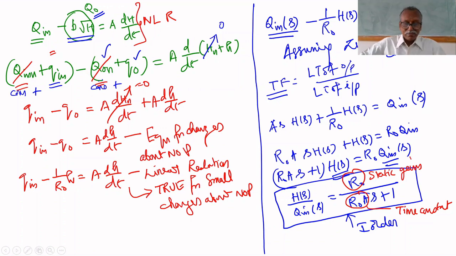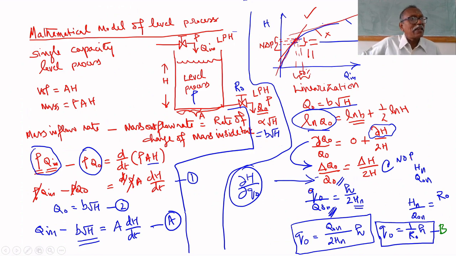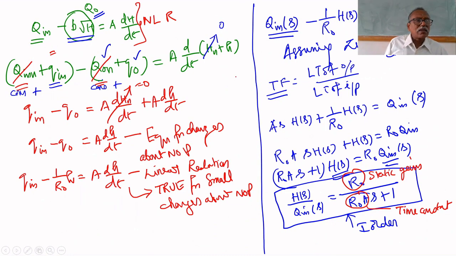That's why, how can we change the gain? In the lab, this type of hand valve will be there. If you change that hand valve, the mathematical model will change. That's why you should not change the valve openings. Are you able to understand? What is the relation for the time constant? R naught A. What is R naught?